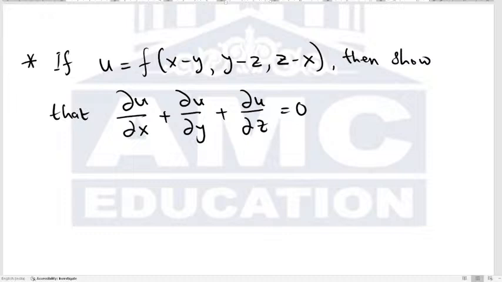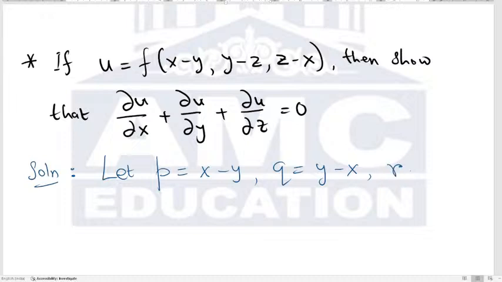Now we will use the particular method we discussed a little while back to solve this problem. The solution is as follows. Let p be equal to x minus y, q equal to y minus z, and r equal to z minus x.